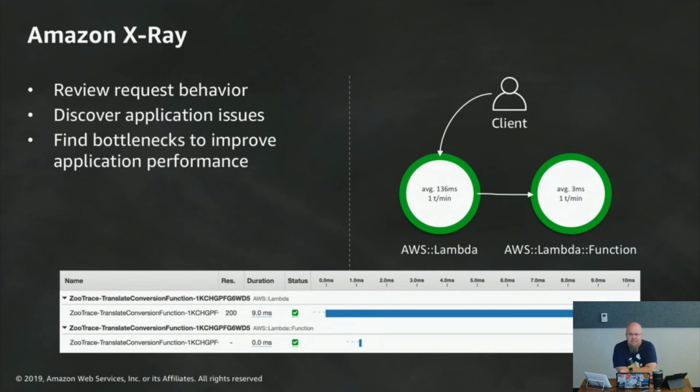You see the idea here where it gives me feedback. If I have a client that's hitting my AWS Lambda and then it's hitting the function, it's going to tell me, hey, the Lambda service itself, as you see in the example here, is 136 milliseconds, whereas the Lambda function itself has a 3 millisecond latency or response time. So it's a great way to look at where things are happening.